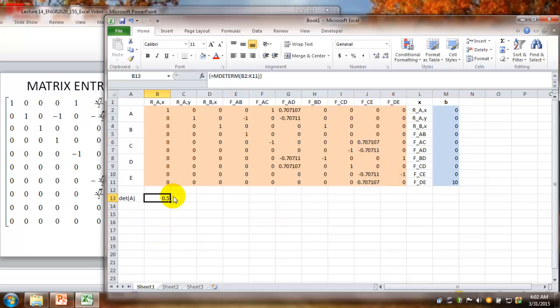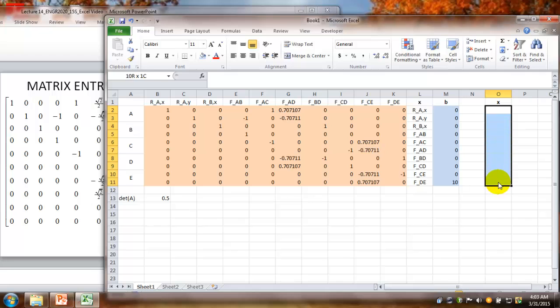So because the determinant is not 0, the matrix is not singular, and therefore the inverse exists. So having taken that lesson from linear algebra, now the solution vector x is computed by multiplying the inverse of this matrix with this column vector b.